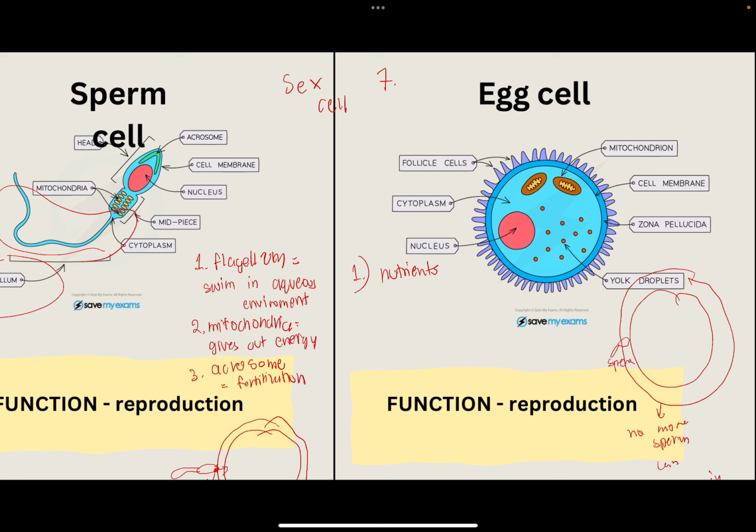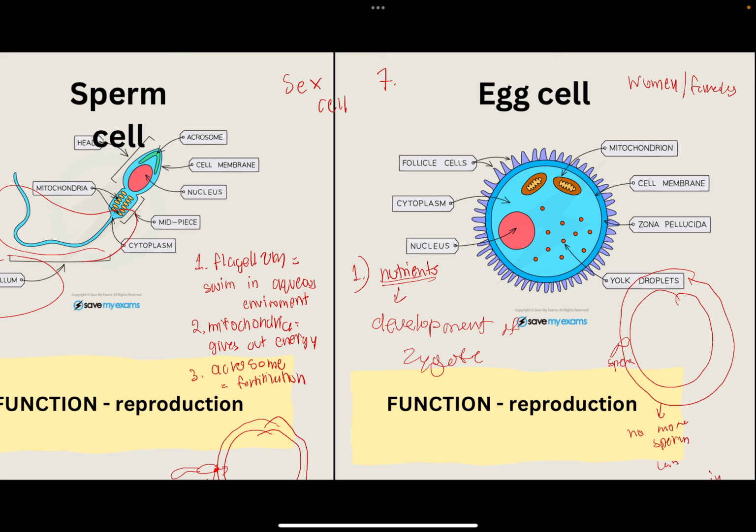Now the nutrients should be there for development of the zygote. Okay, there is nothing much about the egg cell, but I forgot to say, it's in women. It's in females, always in females only.